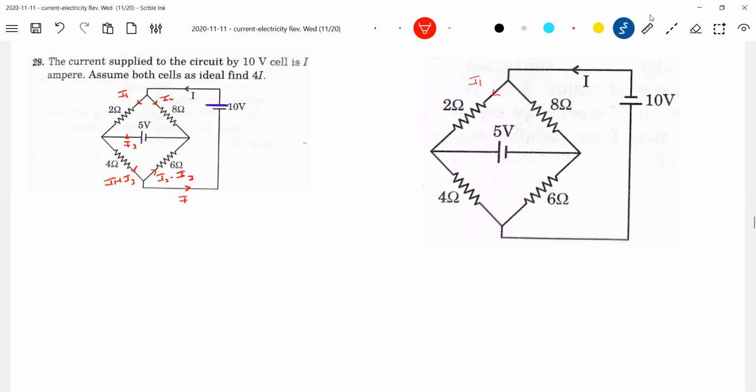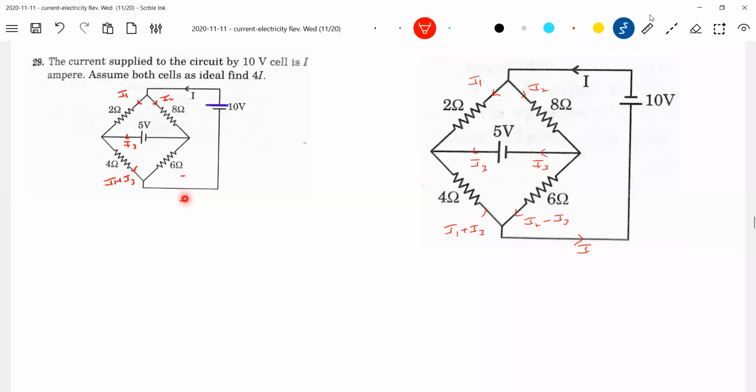Like this, you should have branch currents I1, I2, I3. How many unknowns are there? I1, I2, I3. You have to write three equations and solve them. That's the branch current method.